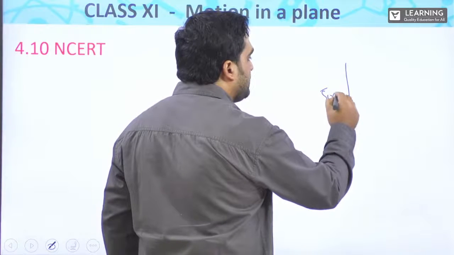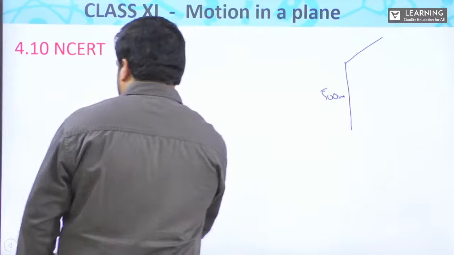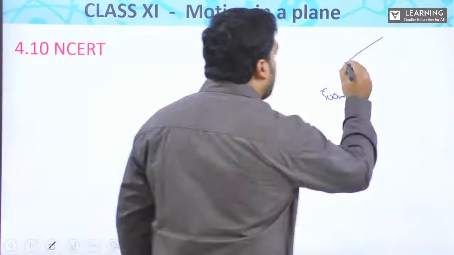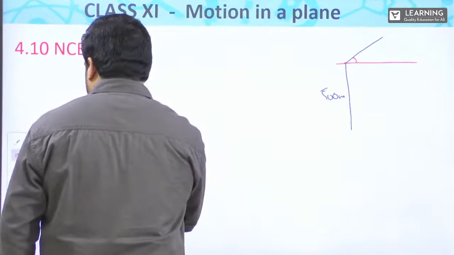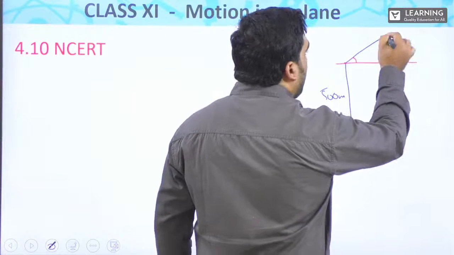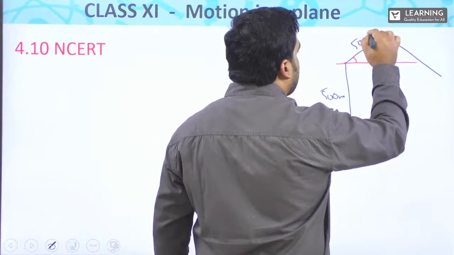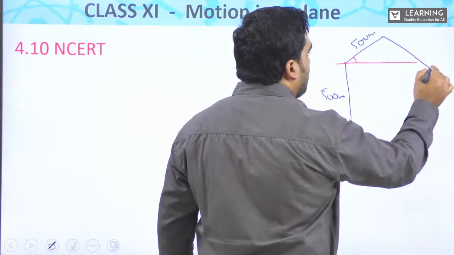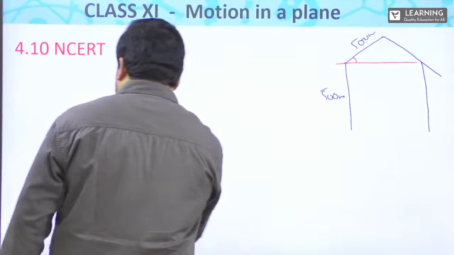500 meters, and then he makes a turn of 60 degree, and from here he again makes a turn after 500 meters. He again makes a turn 60 degree, and then again from here he makes a turn 60 degree.